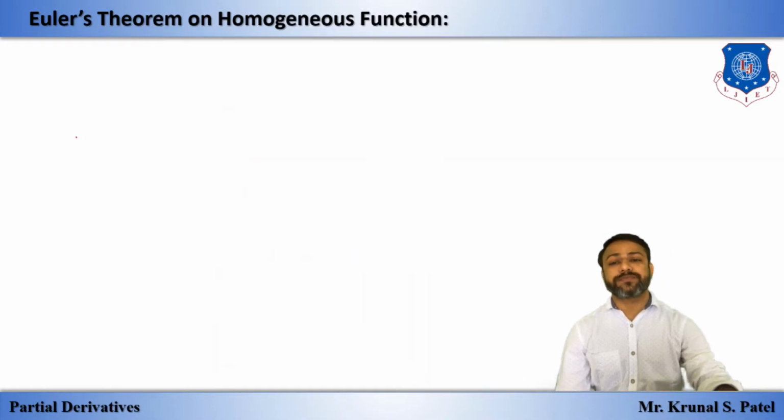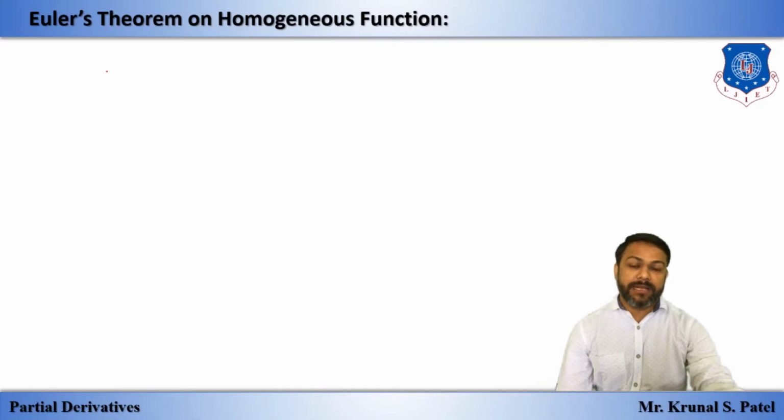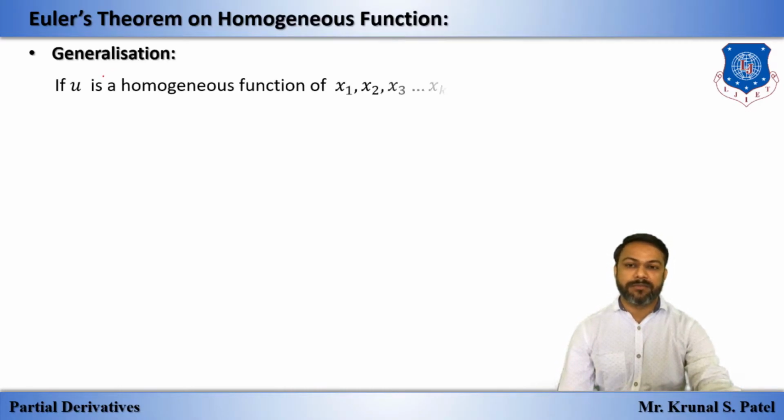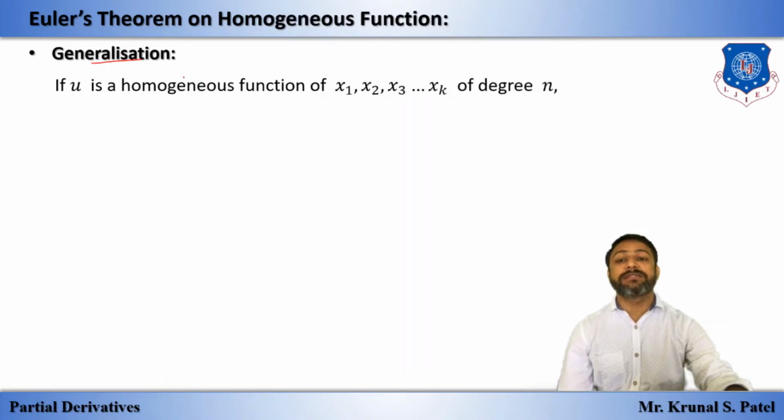Now we have two corollaries. And what is the corollary? Let's have a look. Before the corollary, we have the generalization of Euler's theorem. That means we can apply Euler's theorem for more than two variables.